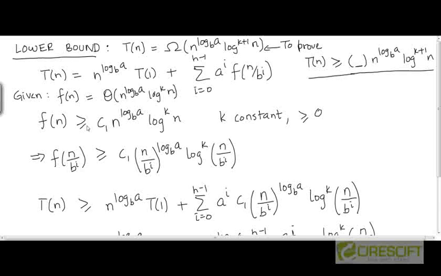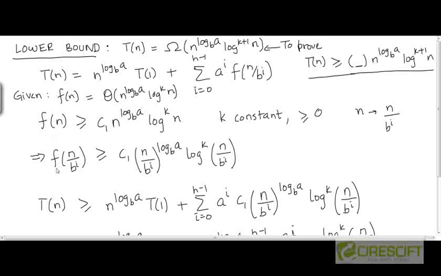So if f of n is given to be bounded from below by a constant multiple of this function, let's see what inequality we get for f of n divided by b to the power I, because what appears in this expression is f of n divided by b to the power I. So let's substitute n by n divided by b to the power I everywhere in this inequality.